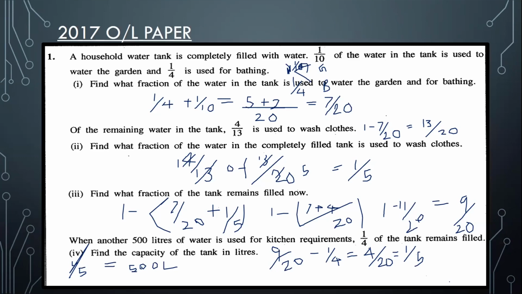So if you multiply this 500 liters into 5, the capacity of the tank you will get. So the capacity of the tank is equal to 2500 liters. Make sure you all write the unit as well.